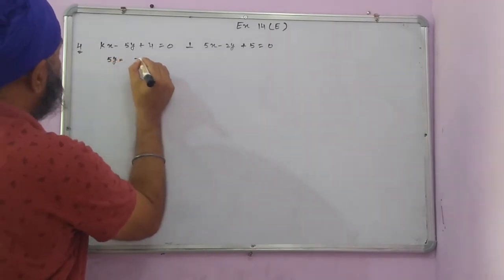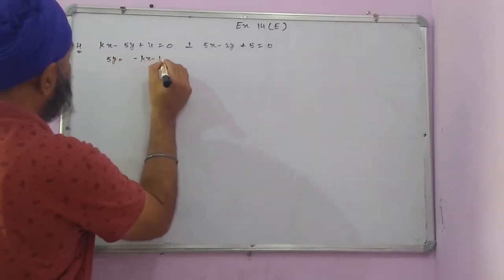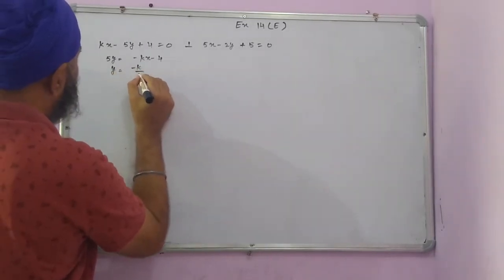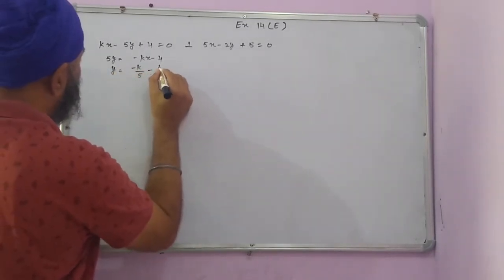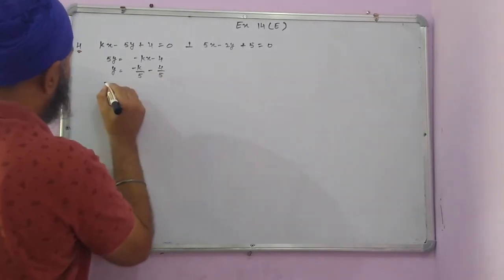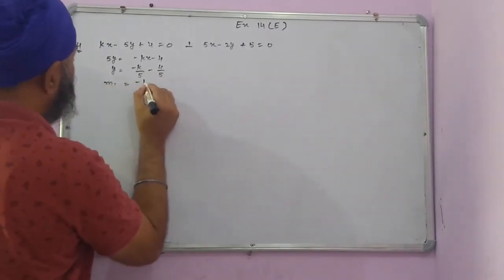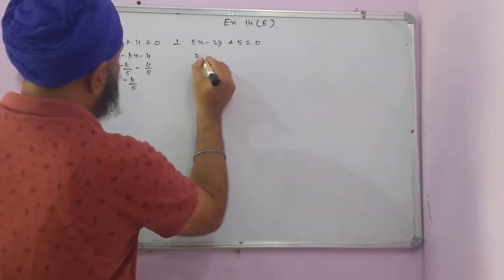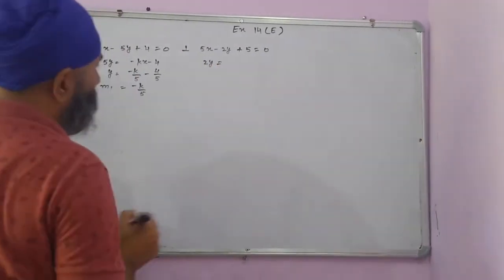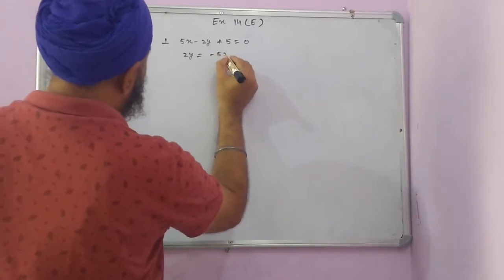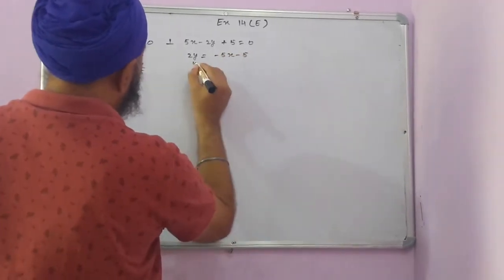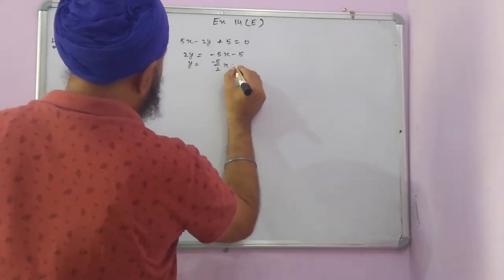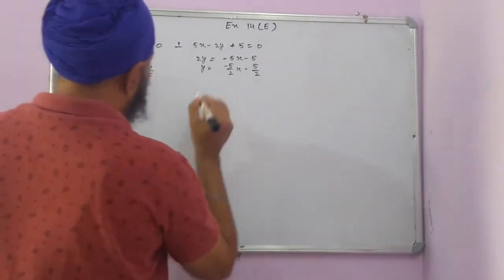5y is equal to minus ax minus 4, y is minus a upon 5 x minus 4 upon 5, so m1 is minus a upon 5. Then I find m2, make y the subject: 2y equals 5x plus 5, y is 5 upon 2 x plus 5 upon 2.